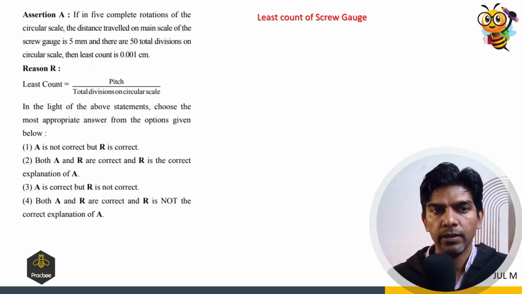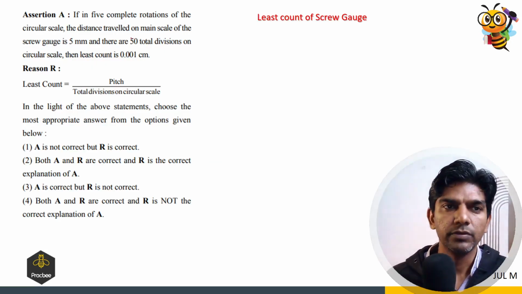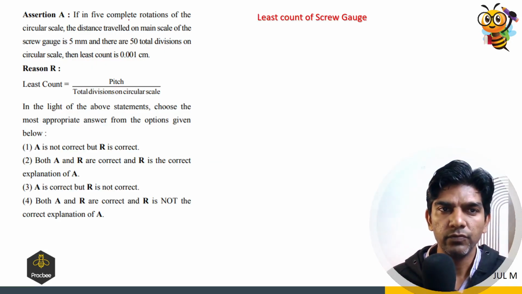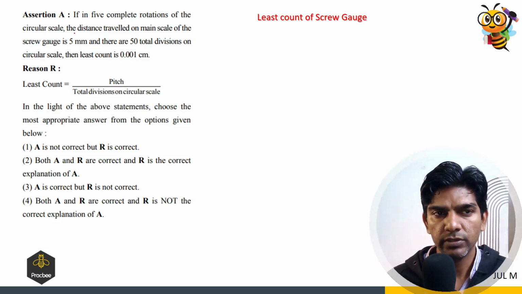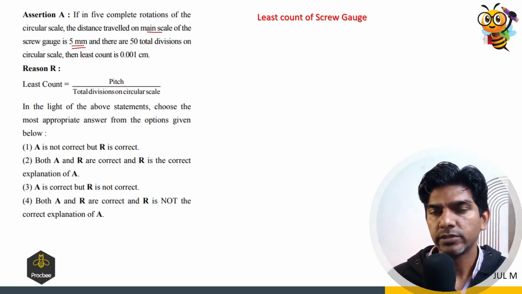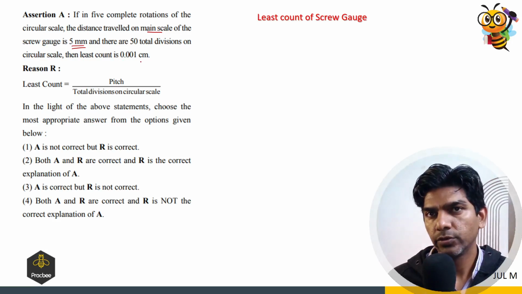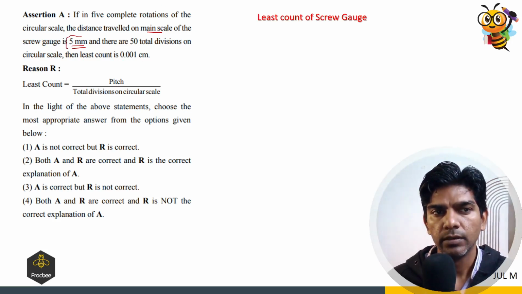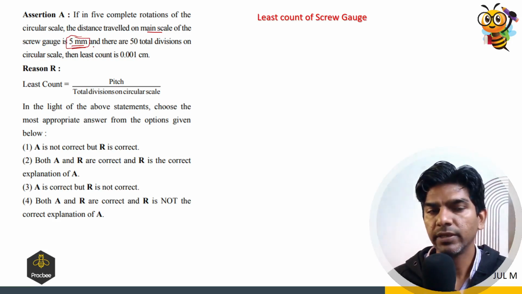Let us see some question based on least count. If in 5 complete rotations of the circular scale, the distance traveled on the main scale of the screw gauge is 5 millimeter, and there are 50 total divisions on the circular scale, then the least count is 0.001. So for 5 rotations, distance traveled on the main scale is 5 millimeter.